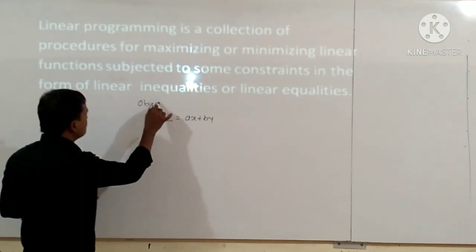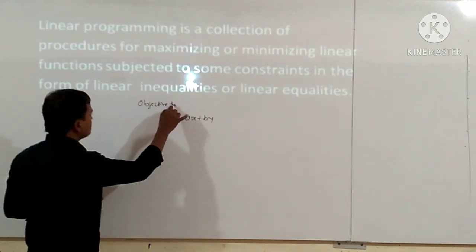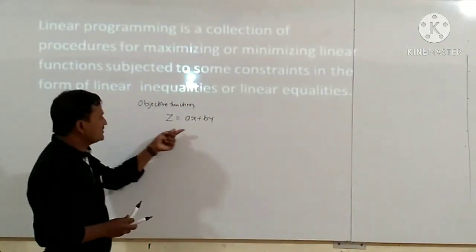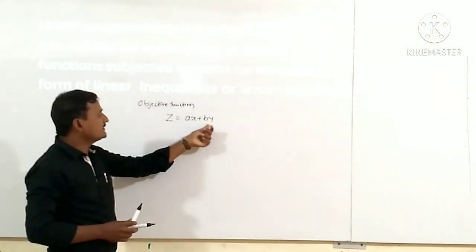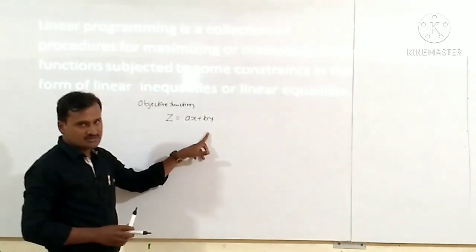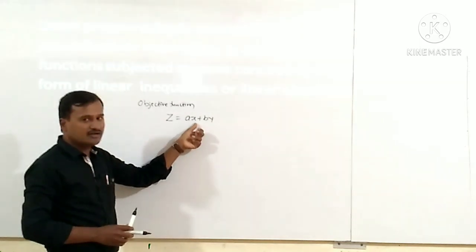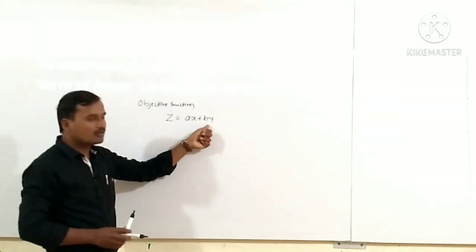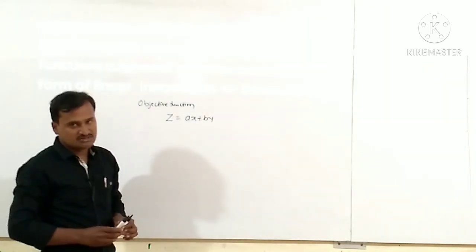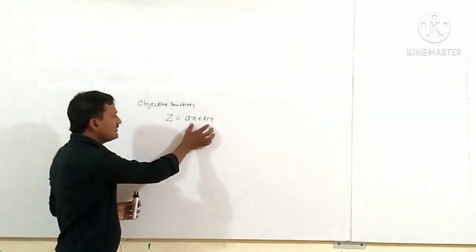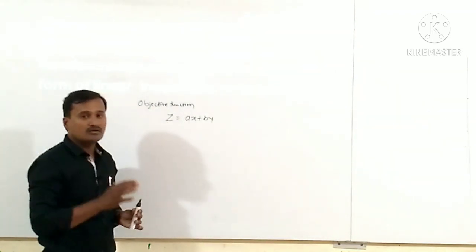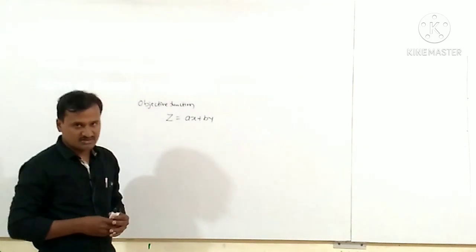The objective function is the linear function involving the variables. Here the variables are x and y, and these are called decision variables.